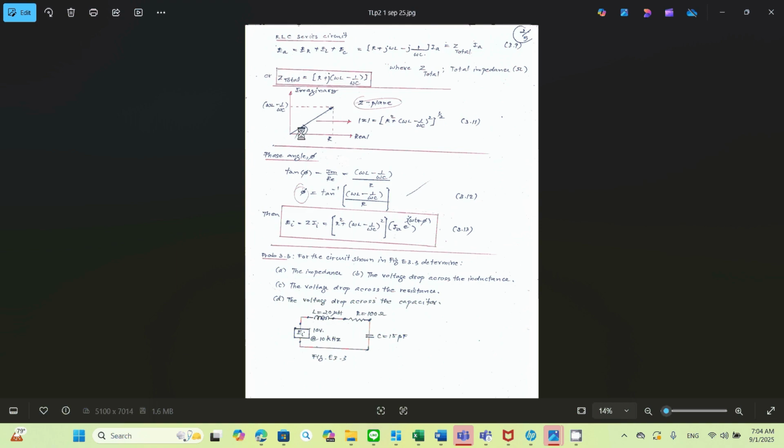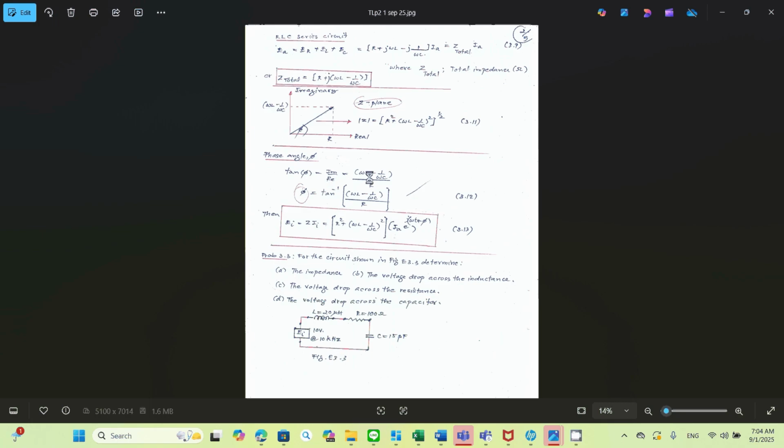You have the phase angle phi, and this is your vector of the impedance. Now you can also look for the phase angle phi. You simply look for tan phi equal to the imaginary part, or y-axis, divided by the real part, the x-axis.